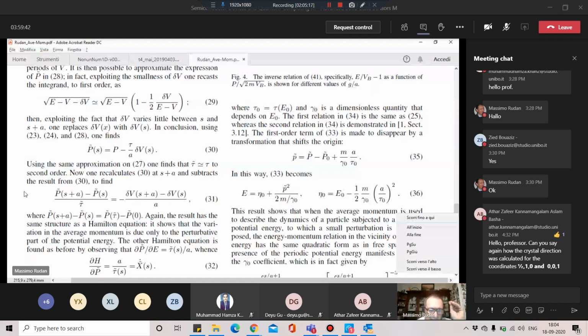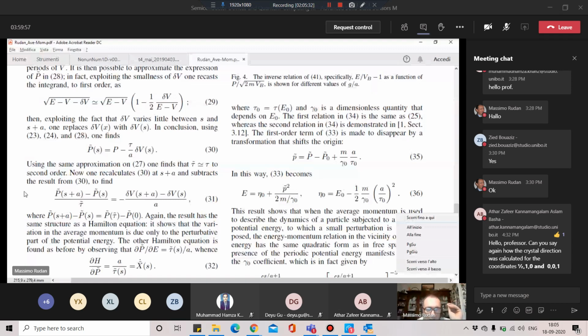So it is like, in the average, the only force acting on the particle is the external force. This is a very fundamental result.